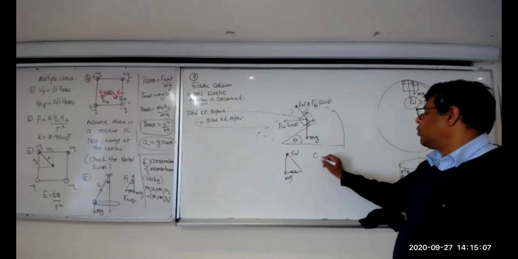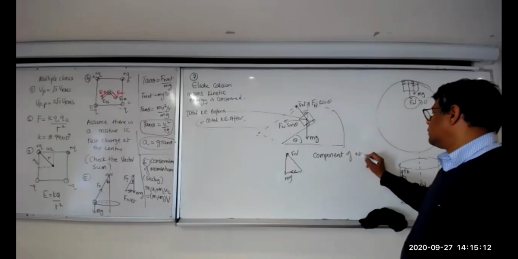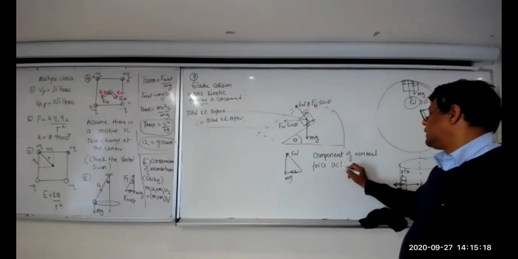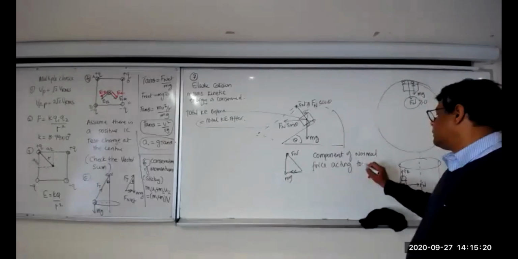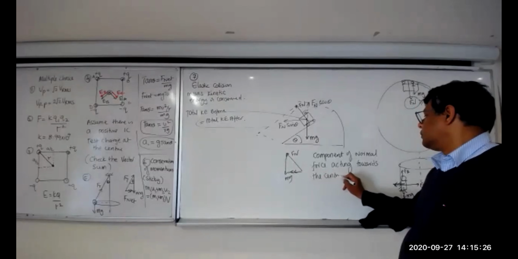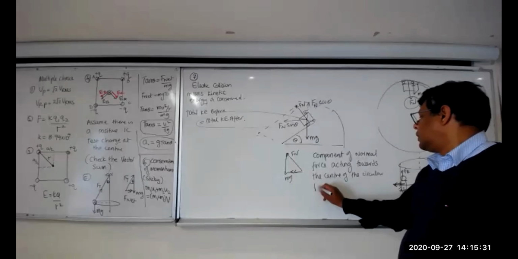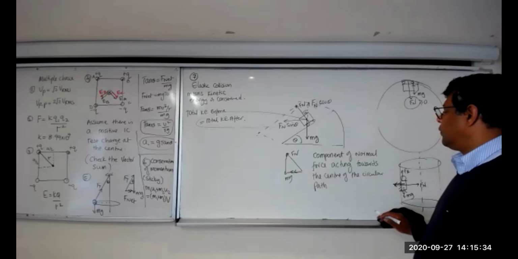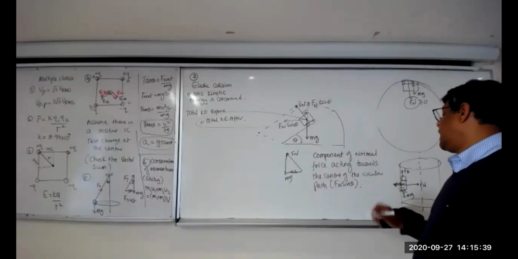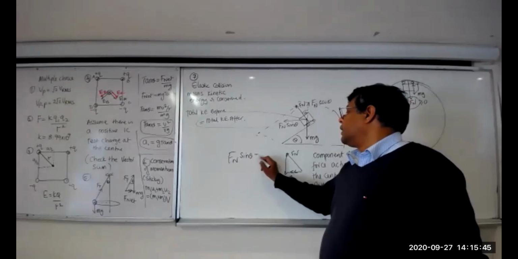So the component of the normal force acting toward the center of the circular path is the centripetal force, which is Fn sine theta. So Fn sine theta is mv squared on r.